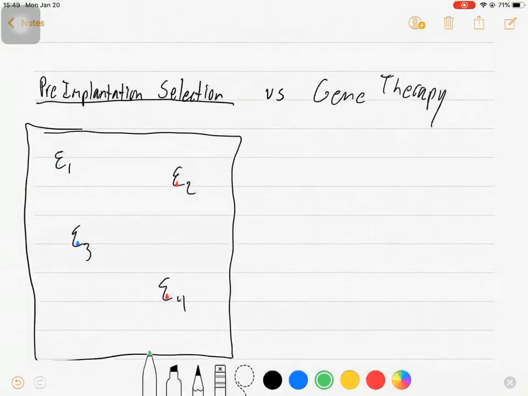And let's say that embryo 1 doesn't have anything positively, but it doesn't have disability traits or the trait that is likely to lead to asthma. According to Savulescu, the embryo that we should pick via pre-implantation selection is embryo 1.